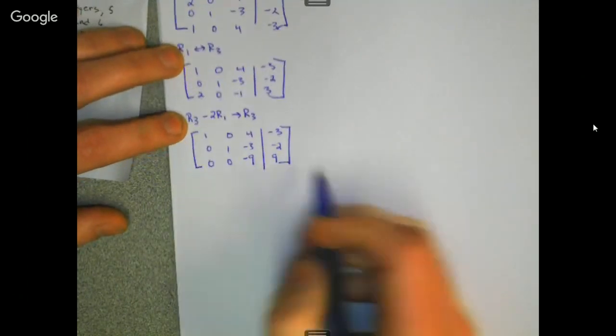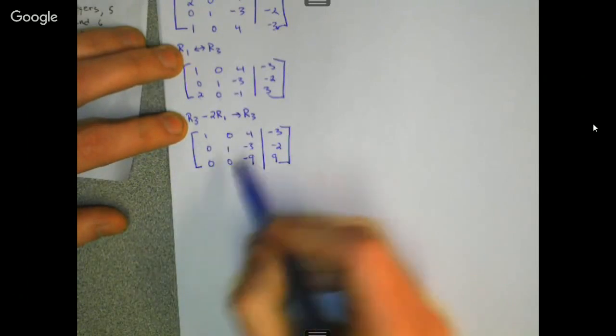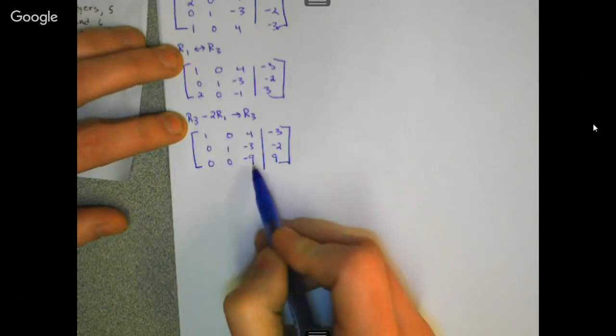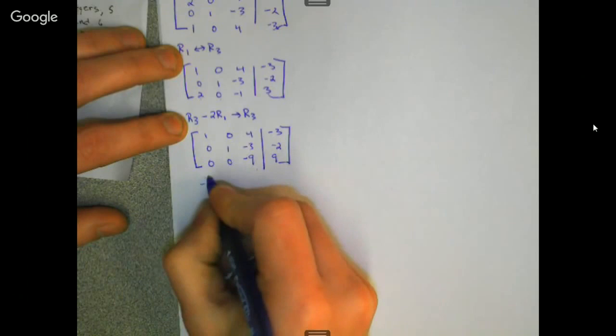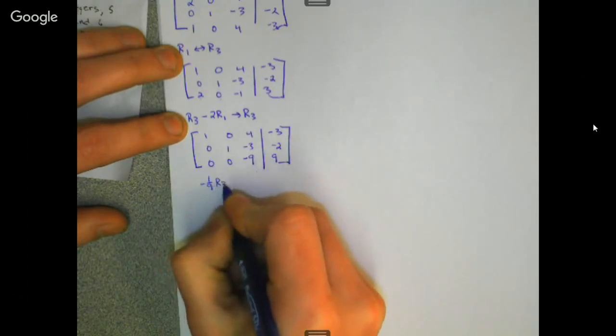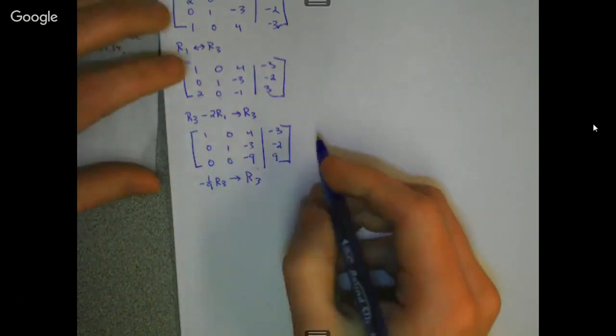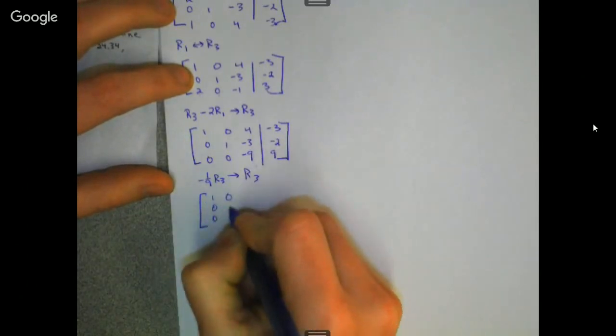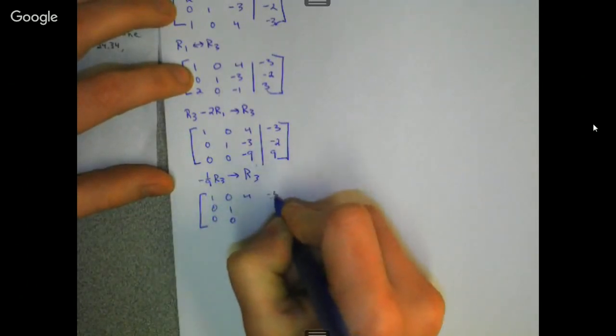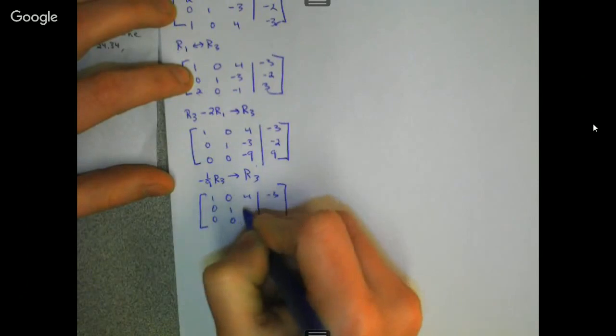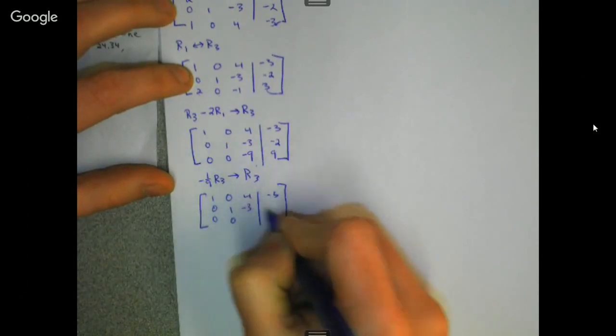Okay, so this column's good, this column is good. I need a 1 in this column, and it's got to be right here. So we'll just take negative 1/9 row 3 into row 3. So we're not changing anything with row 1 or 2.